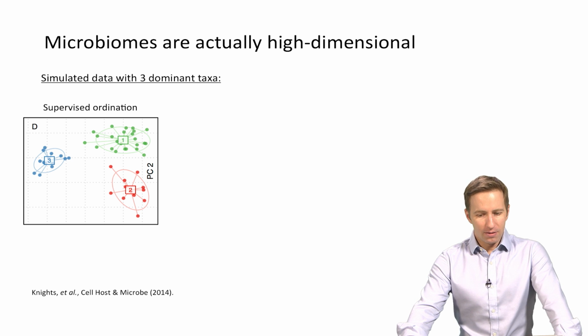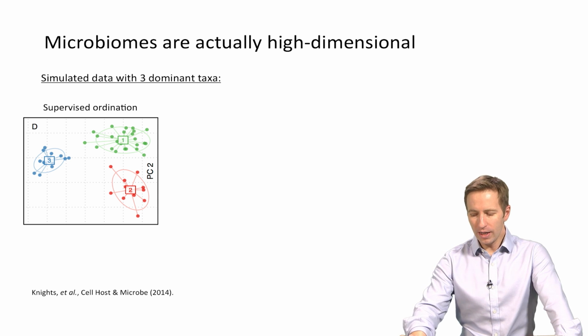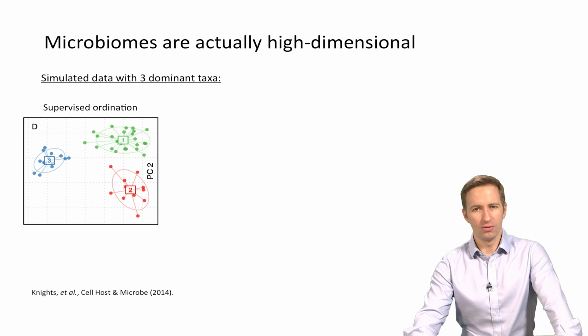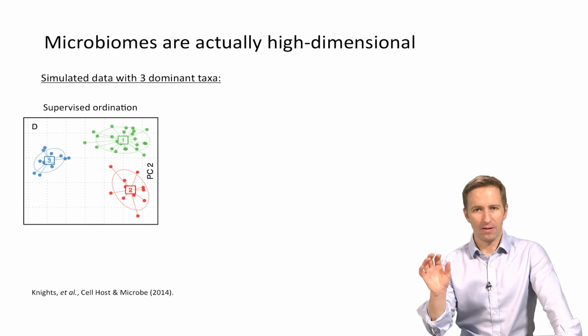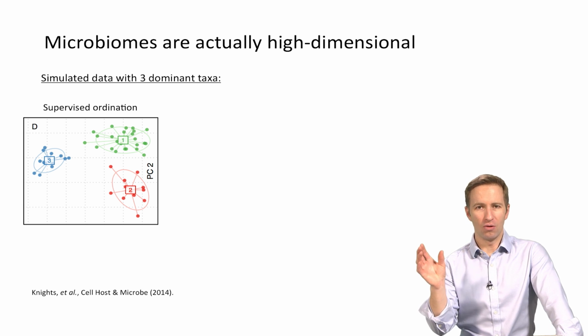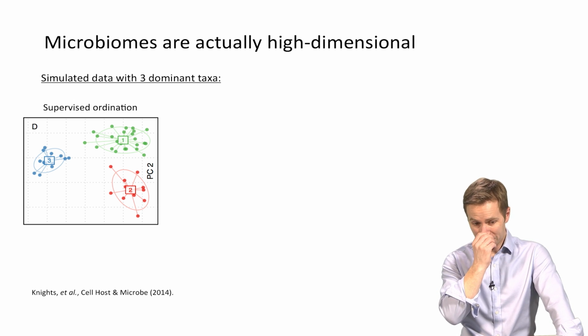A little bit later, I did some more follow-up analysis on this to figure out when it was actually useful to do clustering as opposed to doing direct analyses related to gradients in your data or known groupings of your data.